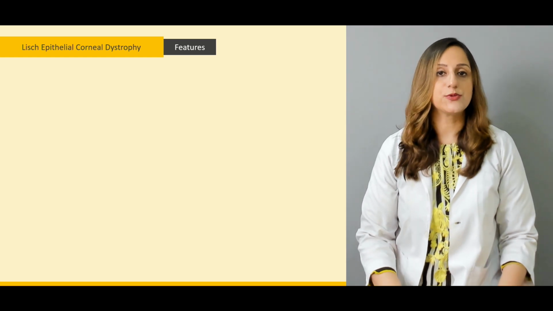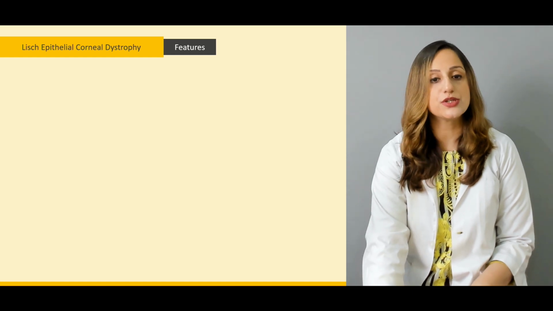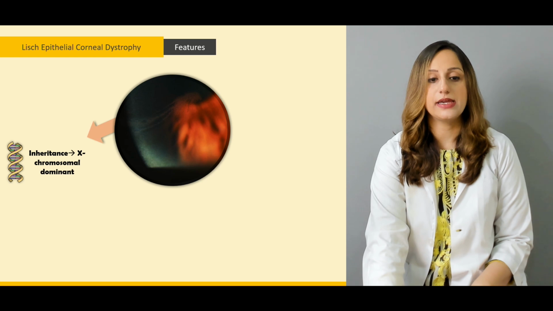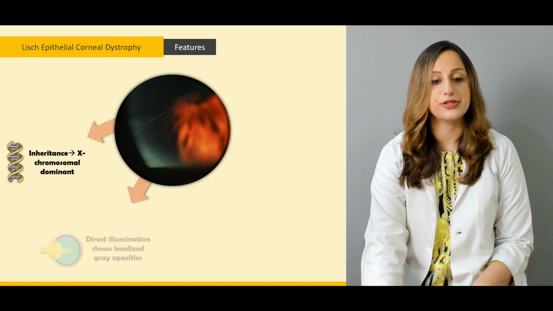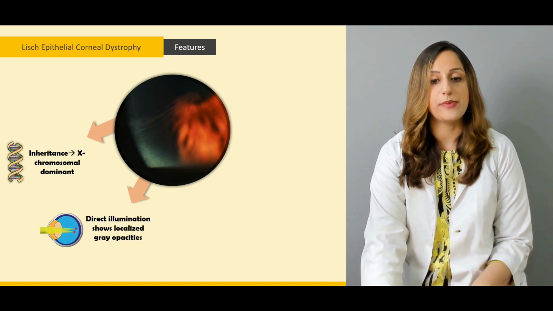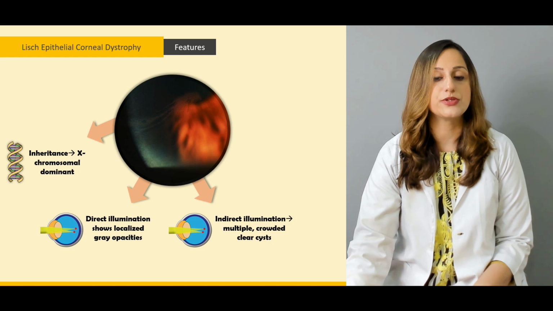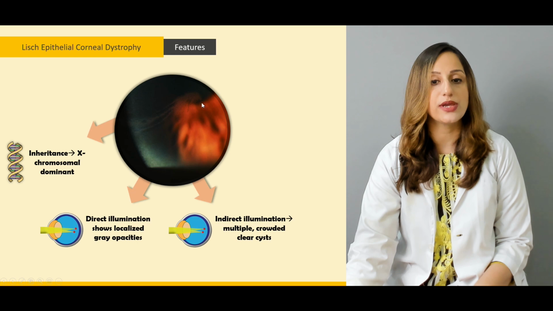Another variant that we usually come across is Lesch's epithelial corneal dystrophy. The features involved are the typical inheritance, which is usually an X chromosomal dominant appearance. Direct illumination shows localized gray opacities in the cornea. Indirect illumination shows multiple crowded clear cysts. As you observe here, these are the grayish cystic lesions observed in the cornea.